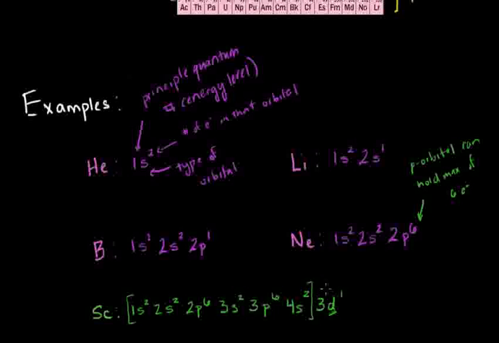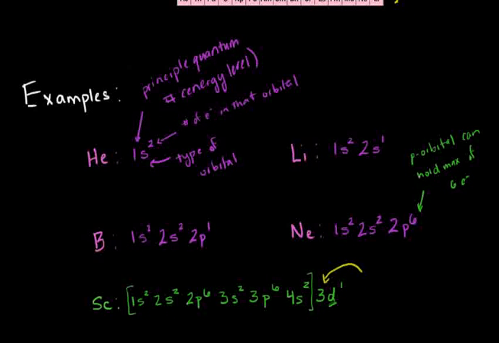The question is, why do we have a 3 instead of a 4 in front of our d? That's just the way electrons are distributed in the d orbital. Instead of taking an energy level of n, d orbitals, or d energy levels, are described by n minus 1.